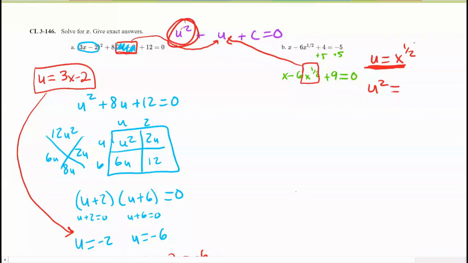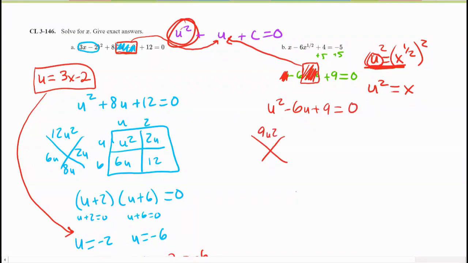If I square the right side, then this just becomes x. So what you can see here is that I'm going to replace x with u squared, and I'm going to replace x to the power of 1/2 with just u. Now I can factor and solve.